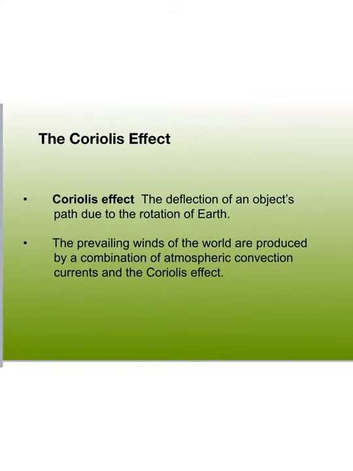This deflection that is due to the rotation of Earth is specifically what we call the Coriolis Effect. And so prevailing winds of the world are produced by a combination of those atmospheric convection currents and the Coriolis effect. So if it wasn't already complicated, now we're going to add Earth's rotation to the equation.